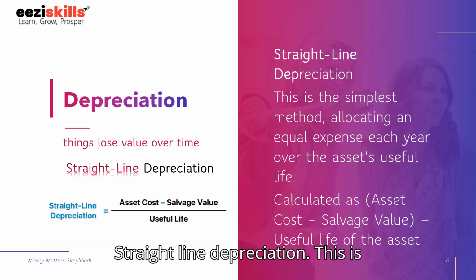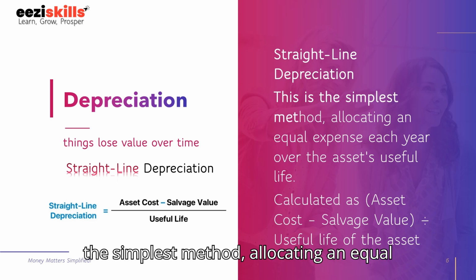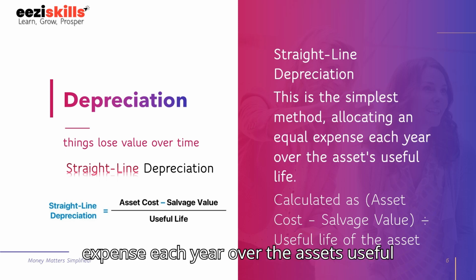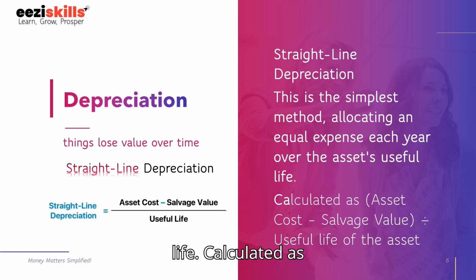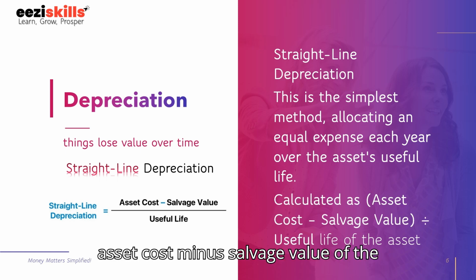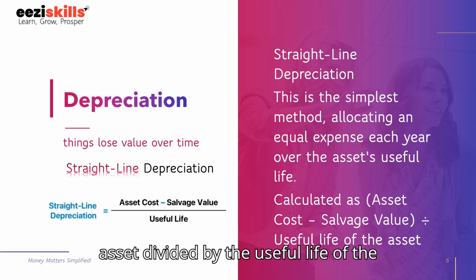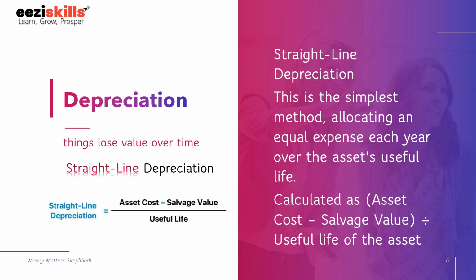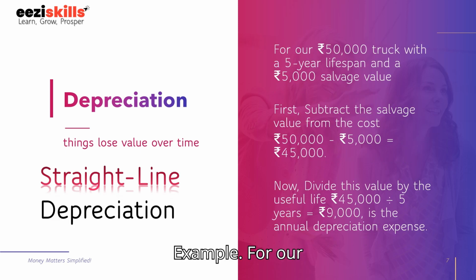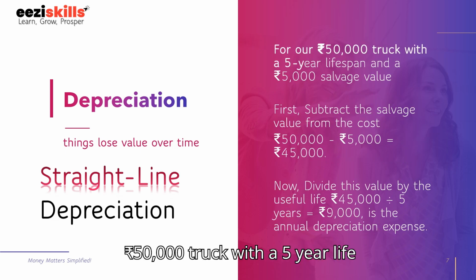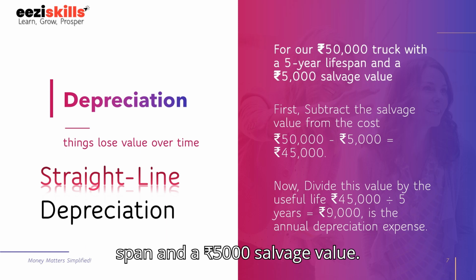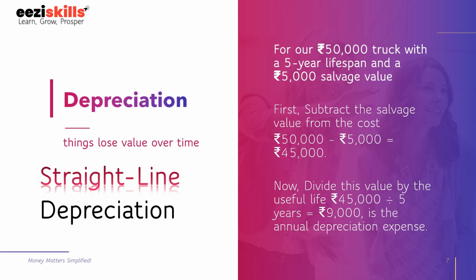Straight line depreciation. This is the simplest method, allocating an equal expense each year over the asset's useful life. It is calculated as asset cost minus salvage value of the asset, divided by the useful life of the asset. Example: for a 50,000 rupee truck with a 5-year lifespan and a 5,000 rupee salvage value.